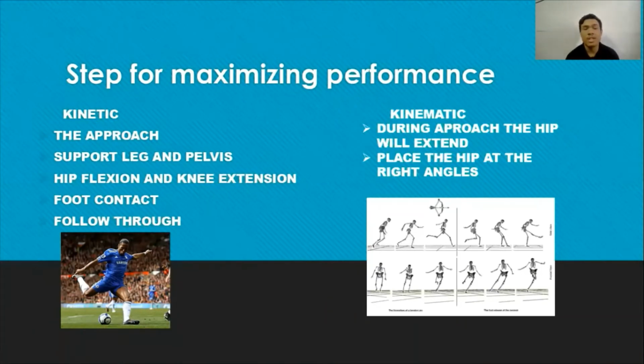Next is hip flexion and knee extension. Hip flexion is the power supply that is then transferred to your leg, so that it can give more power and acceleration towards your ball.